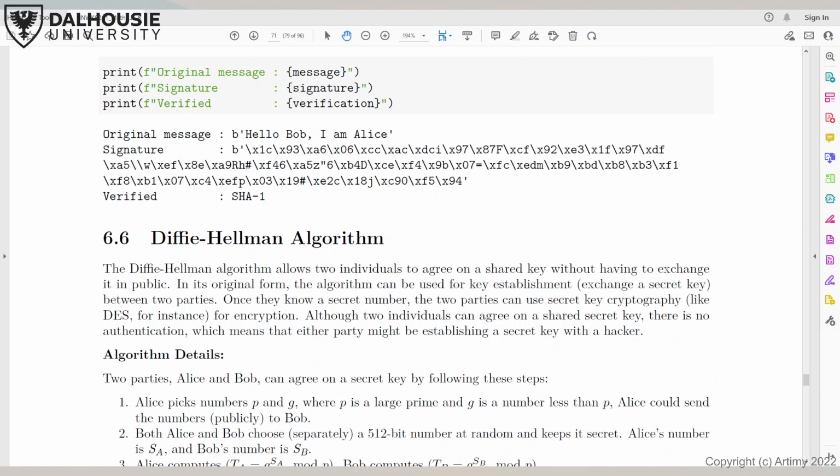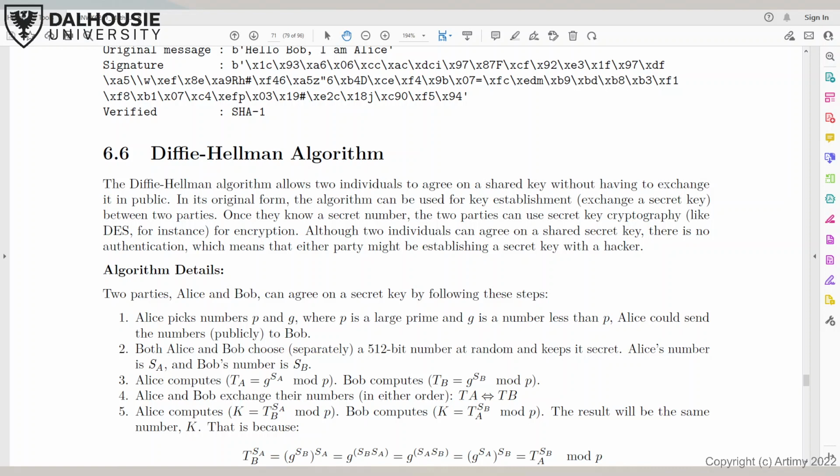Okay. The next thing that we need to study is something called the Diffie-Hellman algorithm. This algorithm allows two parties to exchange a key without actually sending it over any channel or without even sitting together and sharing it, right?